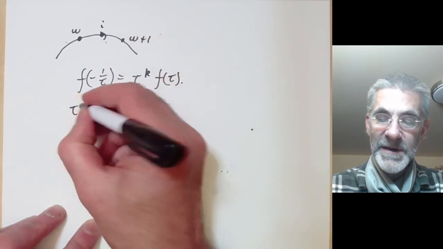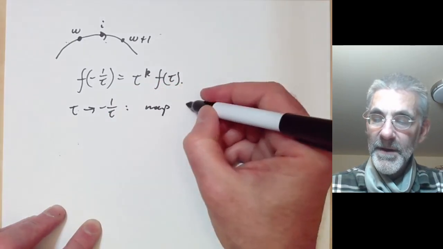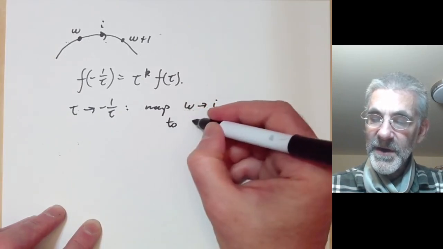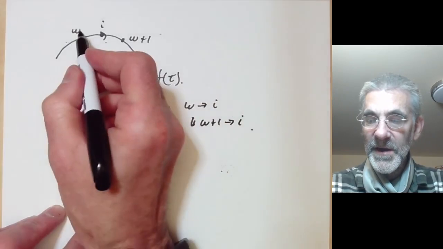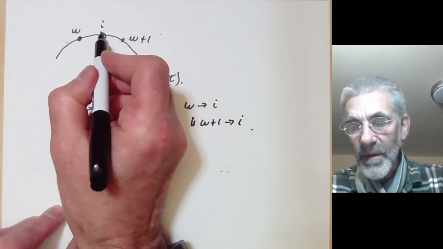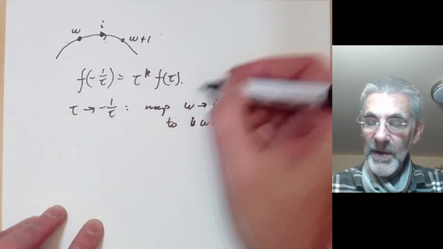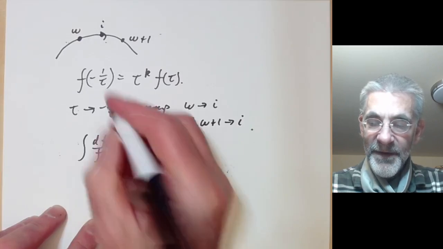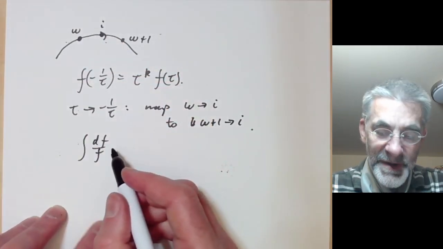And we notice that tau goes to minus 1 over tau maps the curve from omega to i to the curve from omega plus 1 to i. So what happens is that when we work out the integral of df over f, you can see the integral over these two circular arcs almost cancel out.